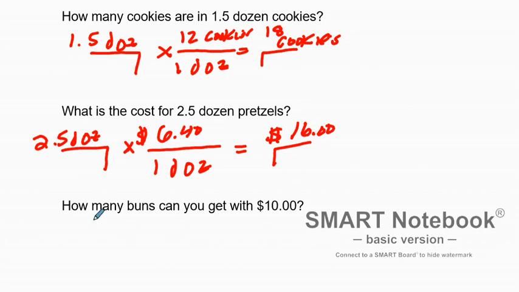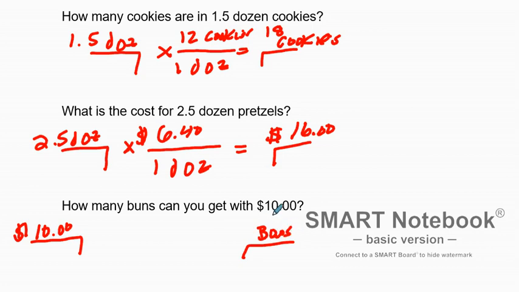Now the next question. How many buns can you get with $10? Well, we don't know the direct comparison there. So I will start with dollars on this side. I've got $10. And over here, I want to know how many buns, that is going to equal.